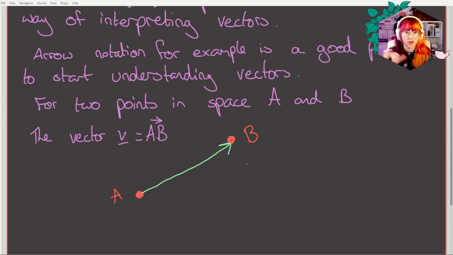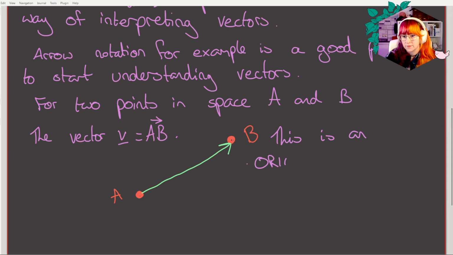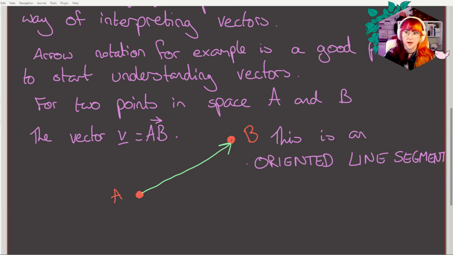The distance between your start and your end point is the magnitude, the size, and the direction is whatever angle you need to turn from A to get to B. An oriented line segment. So equally, we could have BA, which would be the other way around, going from B to A.